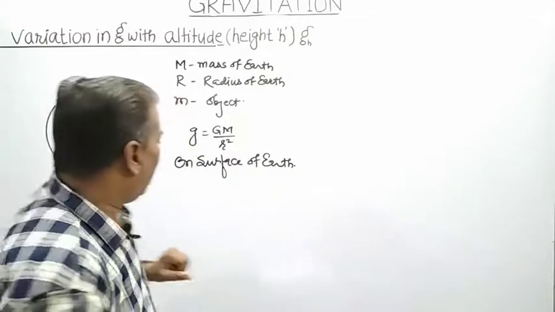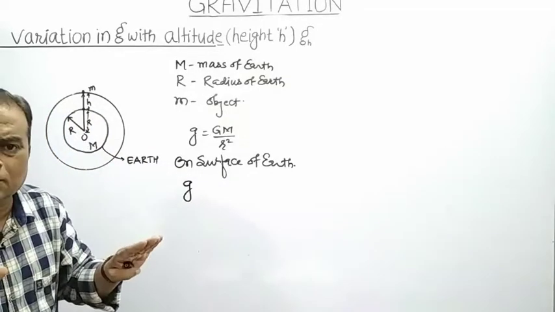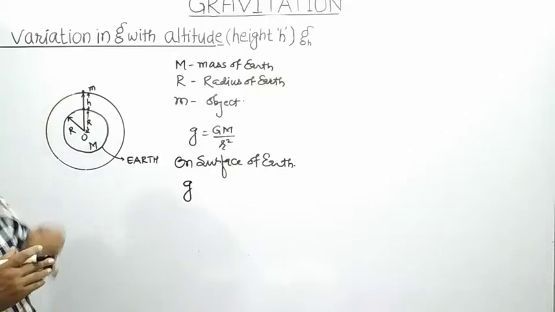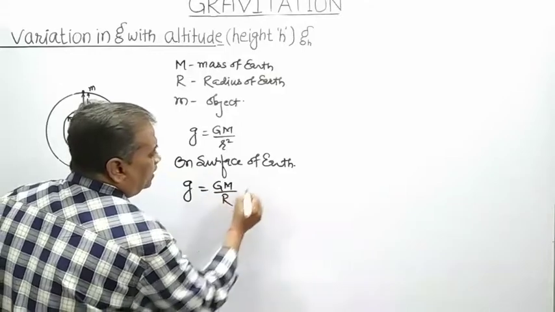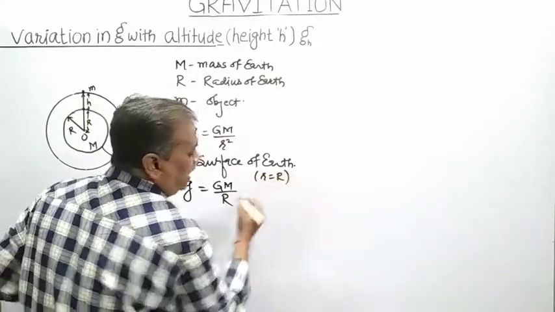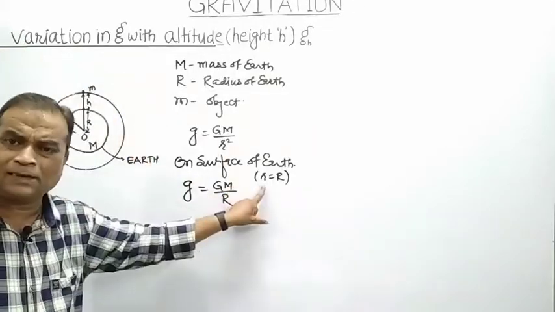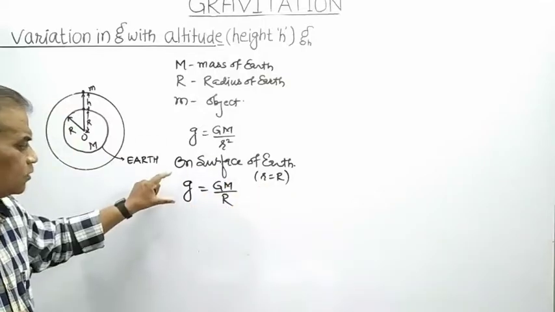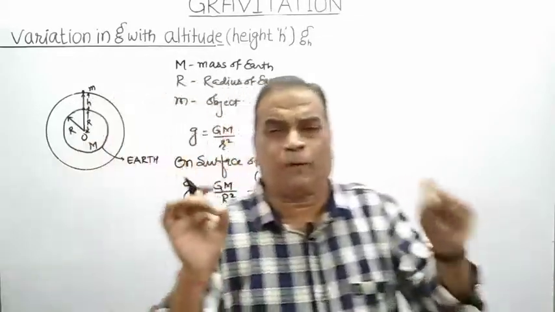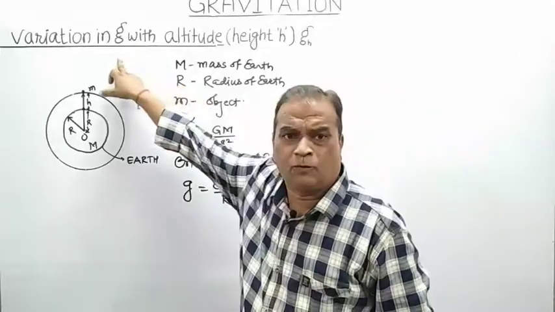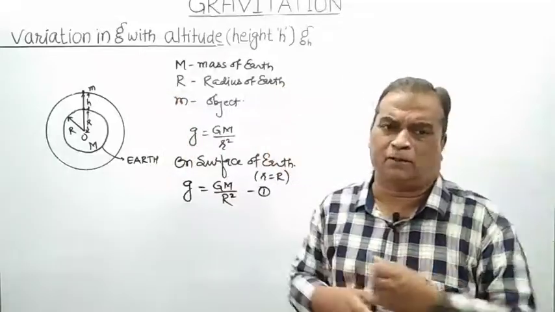So acceleration due to gravity that is acting on that object on the surface of the earth is g equal to GM divided by capital R square, because small r becomes equal to capital R. This gives an expression for acceleration due to gravity for an object which is lying on the surface of the earth.